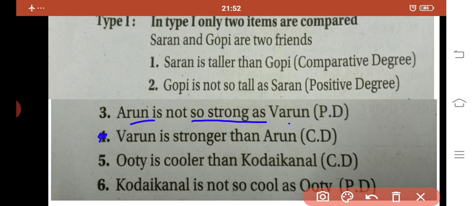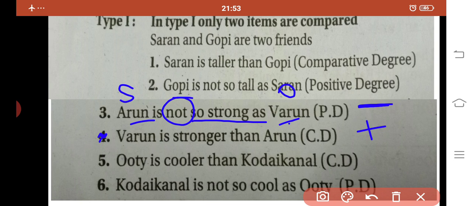Then we have to find the subject and object. Arun is the subject and Varun is the object. Also we have a not in this sentence. This is a negative form. So when we change it into comparative form, we have to create an affirmative form.